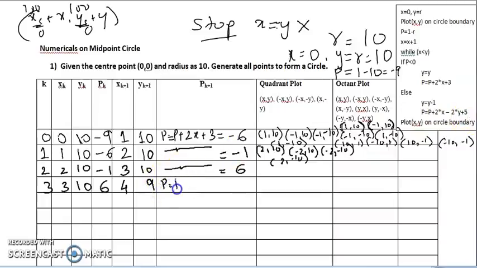So p is equal to p plus 2x minus 2y plus 5, right? So what is P? 6 plus 2 times x, 6 again, minus 2y is 20, and then last value will be plus 5. So what I am getting as the value in this particular step is minus 3.